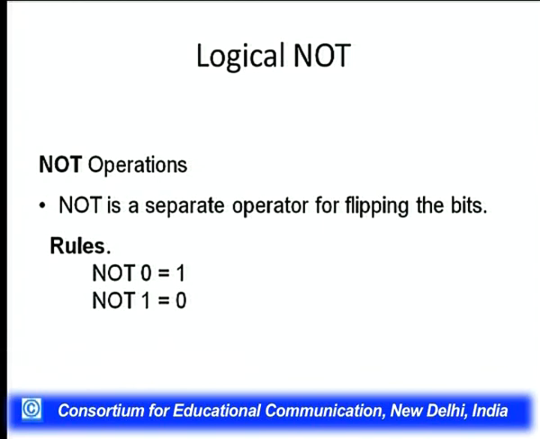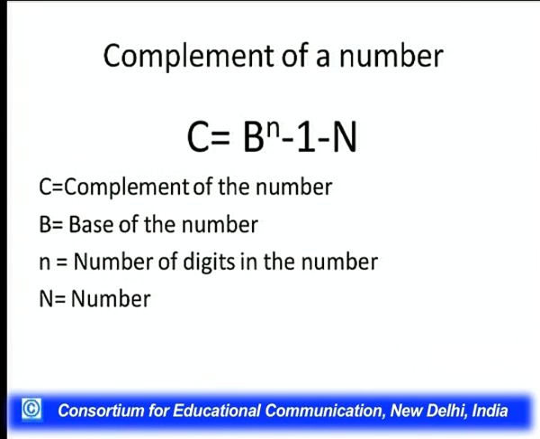This can be considered as a toggle operation between 0 and 1. So, if we say NOT 1 0 1 0, in that case all the bits will be reversed. Wherever you have a 0 you will get a 1, and wherever you have a 1 you will get a 0. So, if you apply this NOT condition, then it becomes 0 1 0 1.